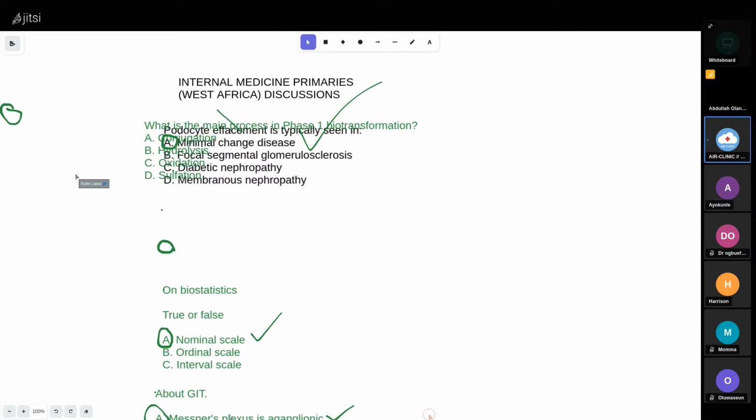There are very few gram positive organisms. If you know the gram positive organisms, it's very easy, you don't have to know the gram negative organisms. There are fewer gram positive organisms.